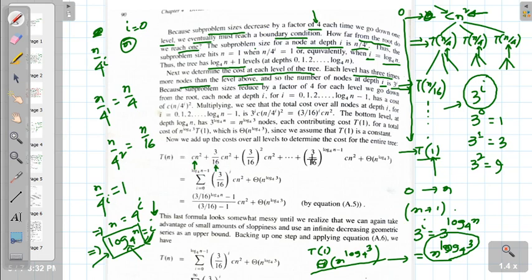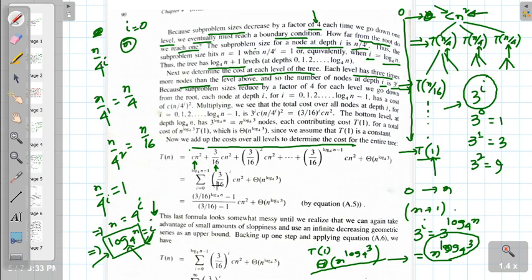All these costs we are adding up, and as the leaf level is separated, it will go from 0 to log n base 4 minus 1.